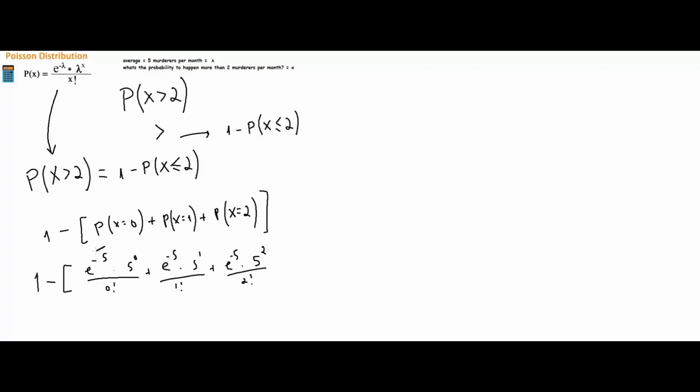You see, we have Euler to the power of minus 5 in all 3 terms, so we can isolate it.